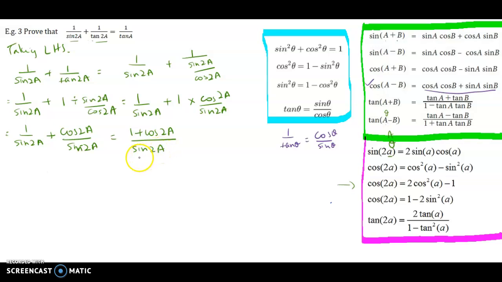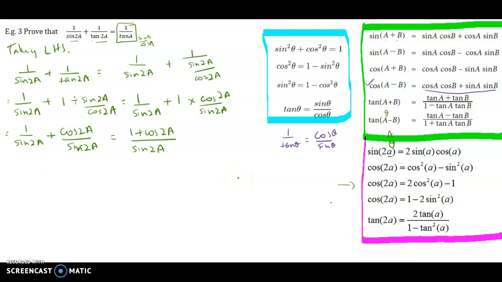So at this point, I would want to do some sort of substitution because I need to get 1 on tan a. So tan a would mean down here has to be sine a cos a. So I need to work on that. I could use one of the substitutions for cos 2a.